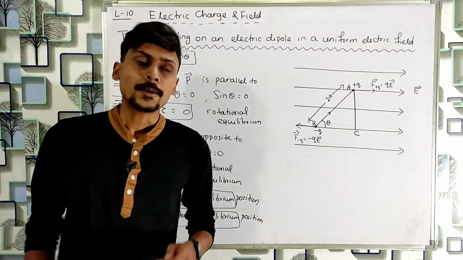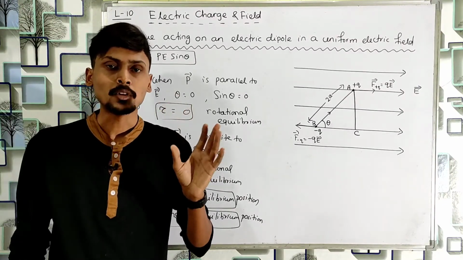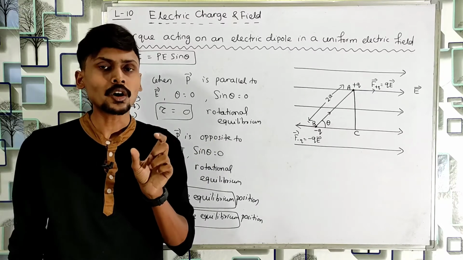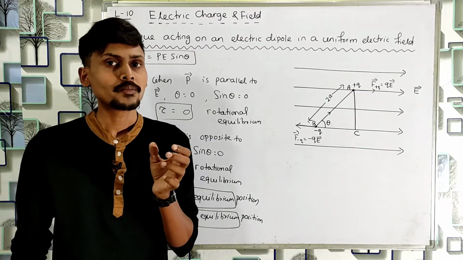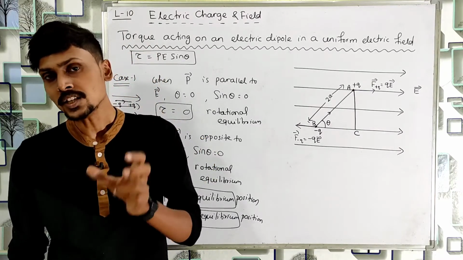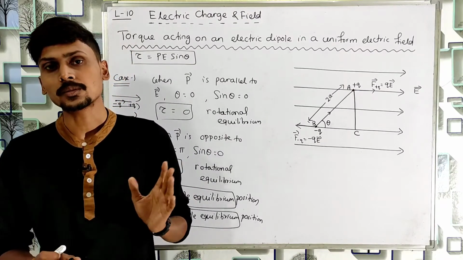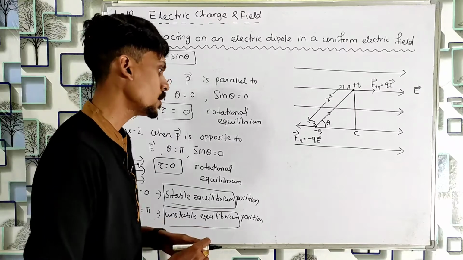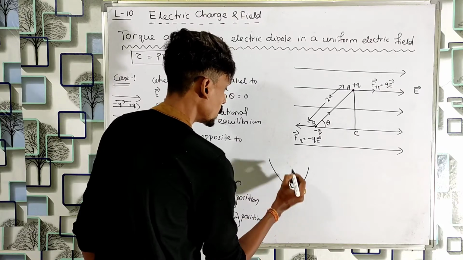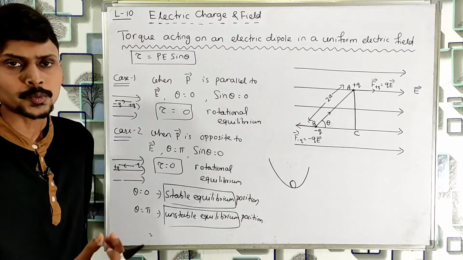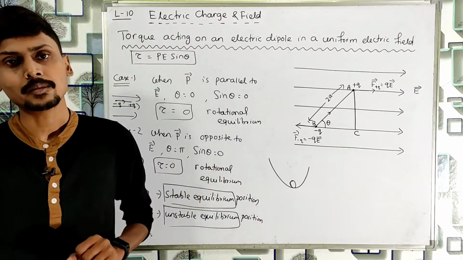So students, remember that stable equilibrium means, suppose a body is under equilibrium. Now if you disturb its position, and that body again comes back to its initial position, then that position is said to be a stable equilibrium position. For example, suppose you take a bowl and inside the bowl you have a spherical ball. At the bottom of the bowl, this sphere is under equilibrium.